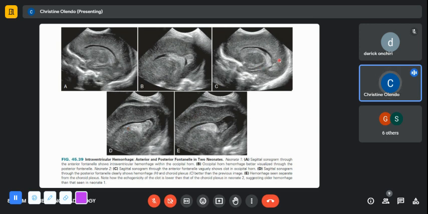Initially you can't clearly tell the difference between the choroid plexus and the hemorrhage. But as the clot ages, it becomes more sonolucent, and you can differentiate it from the adjacent choroid plexus, and that's what images D and E are showing. These are posterior fontanelle views.